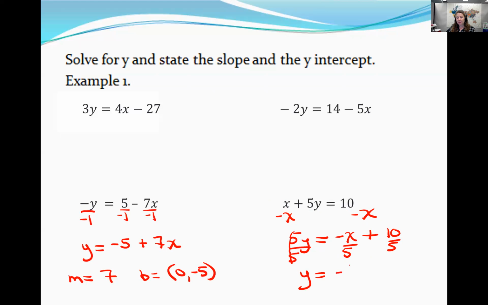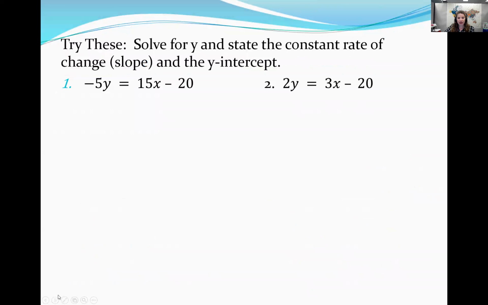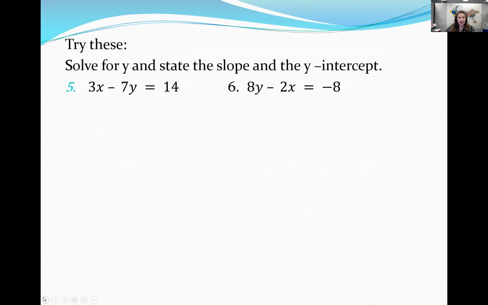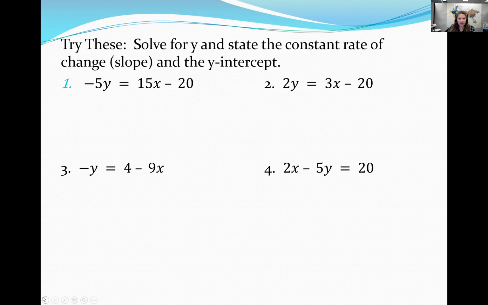So I'm going to write my fraction, -1/5 x. Does that make sense? Plus 10 divided by 5 is 2. So what's my slope? It's -1/5. And my y-intercept is 0, 2. All right, I want you guys to practice all of these and then check your answer, okay?